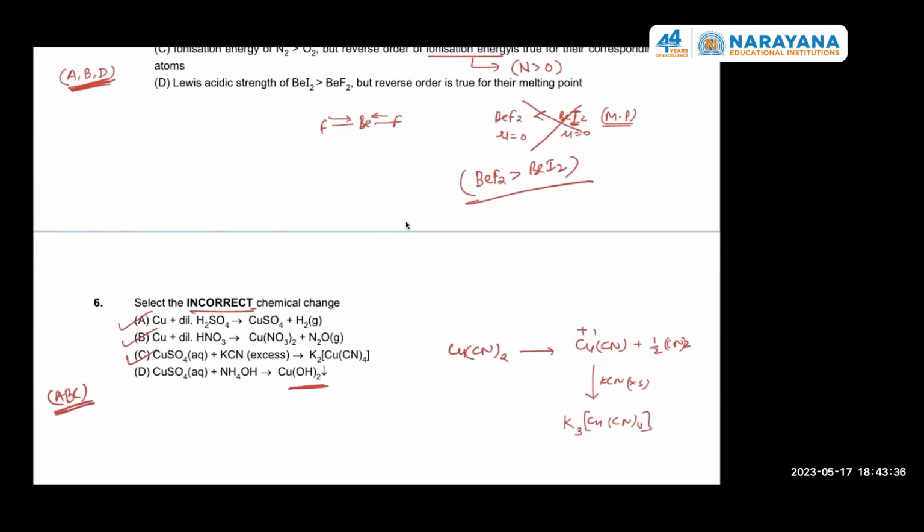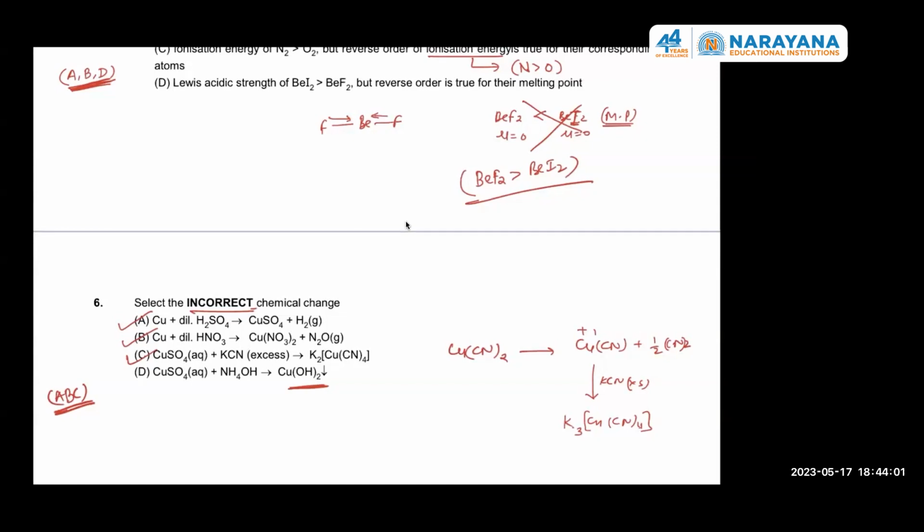Sir, it will form Cu2O, not Cu(OH)2. Cu2O, not Cu(OH)2. Why so? The precipitate will be formed of hydroxide only. I mean, copper prefers oxide precipitate. But there should be some condition over here that copper hydroxide is a precipitate.